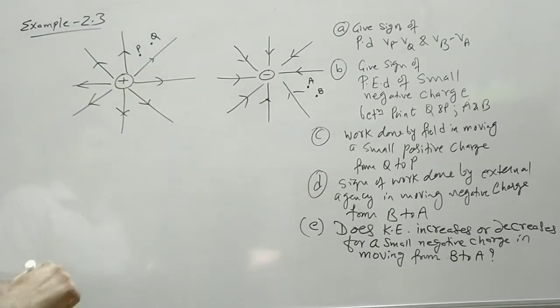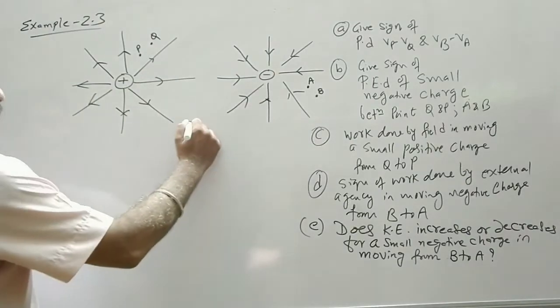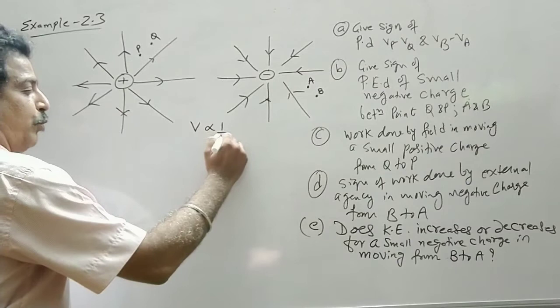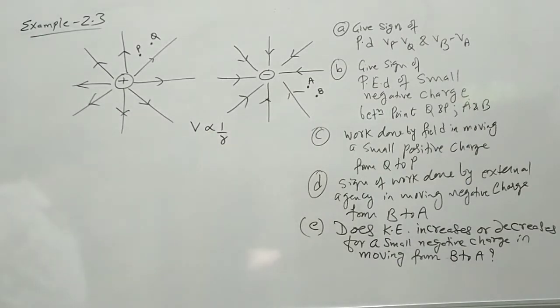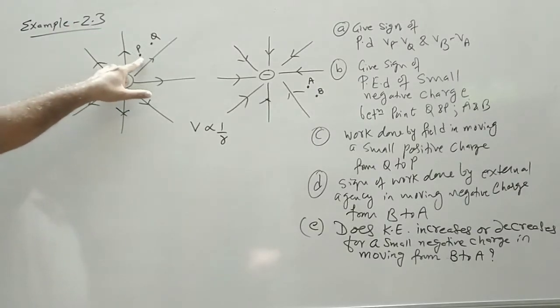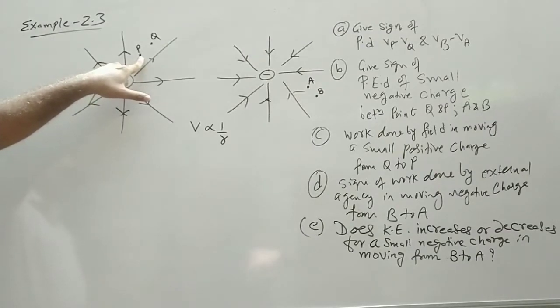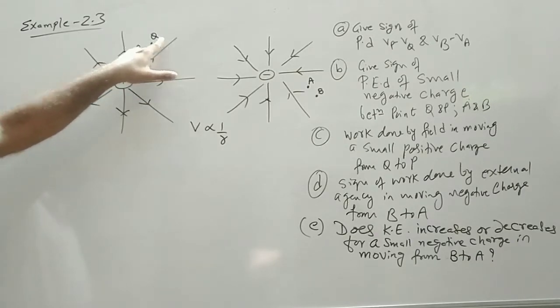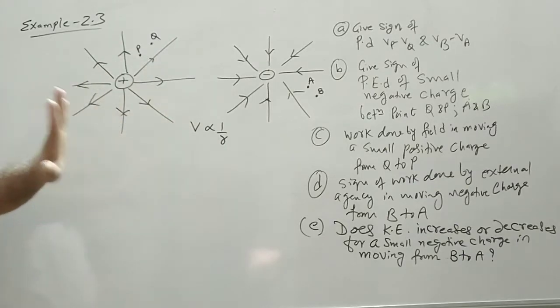Another thing is that potential is inversely proportional to R. V is equal to KQ by R. So for a point P, if the distance is less, its potential is more. For Q, the distance from the source is more, so the potential will be less.